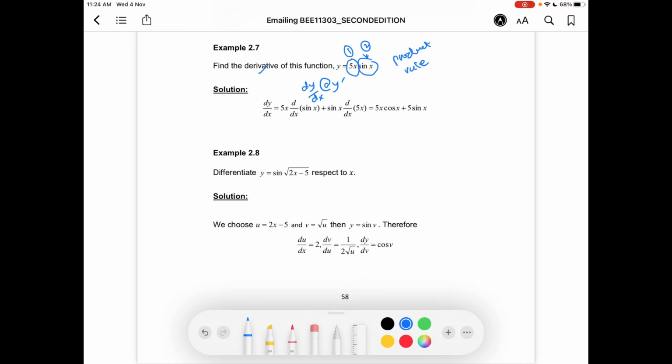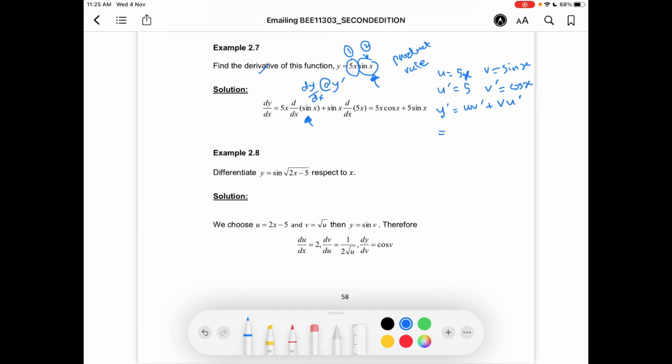Within this technique, you need to know that we have the trigonometric functions. For that case, you need to differentiate according to the values that we discussed just now, which is when you differentiate sine x, you will get cos x. So again, assume u as 5x and v as sine x. If you differentiate u, you will get 5. If you differentiate v, you get v prime equals cos x. So the y prime is u v prime plus v u prime.